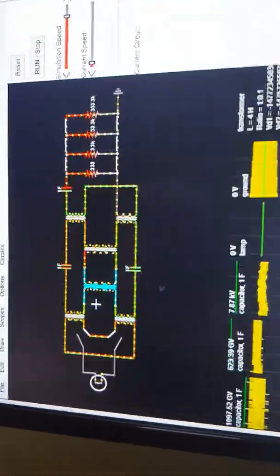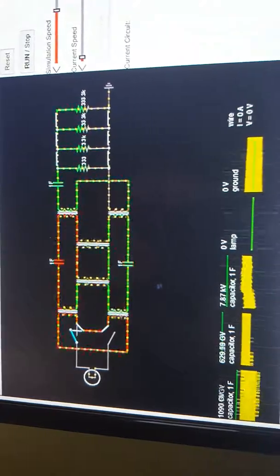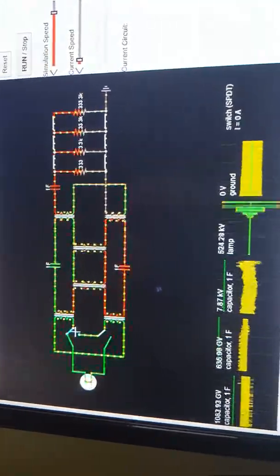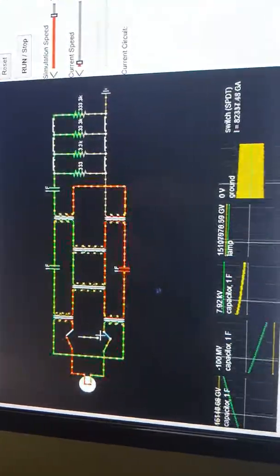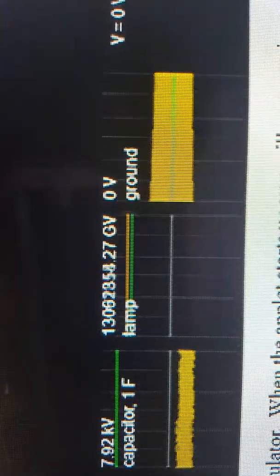But watch what happens. When we put a load on it, those gigavolts turn very stable and start climbing. And the lamp pretty much blew up, but we'll not worry about that part yet.